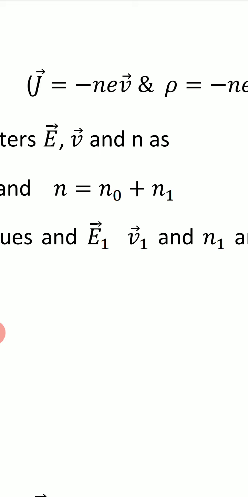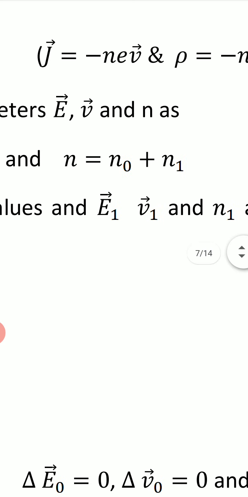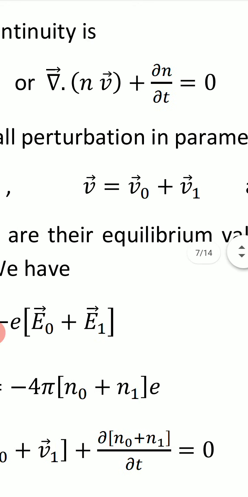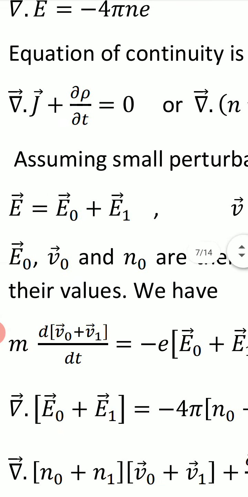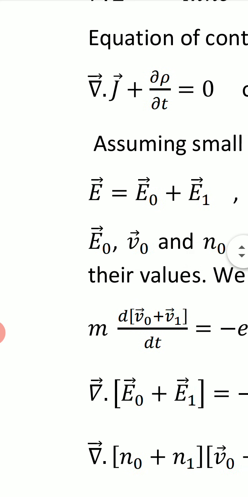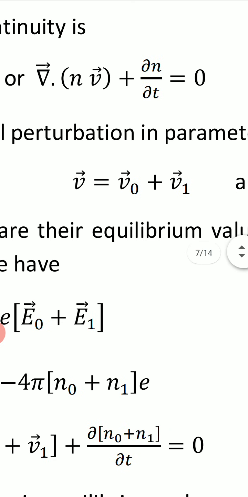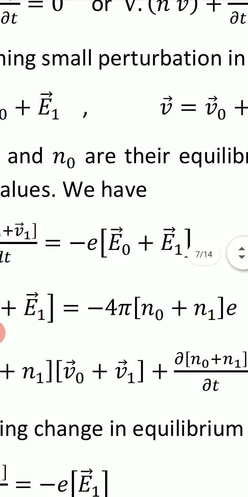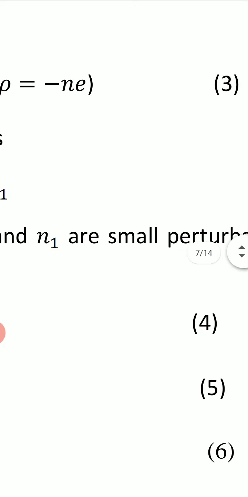So charge density rho is minus Ne and current density J vector is minus NeV vector. If we put these two values of rho and J vector in this equation of continuity, del dot J plus delta rho upon delta t, it gives del dot NV plus delta N upon delta t equal to 0. This we write as equation 3.